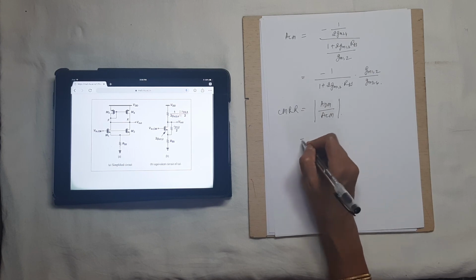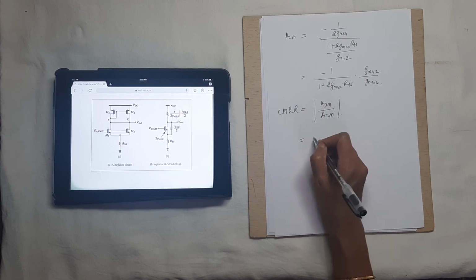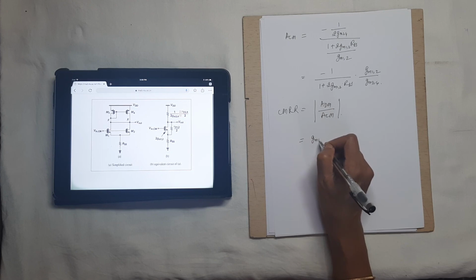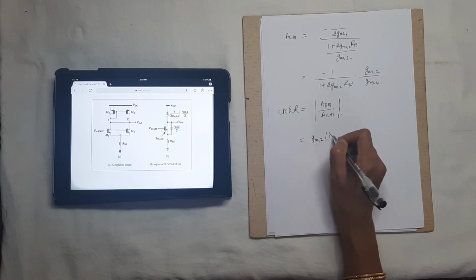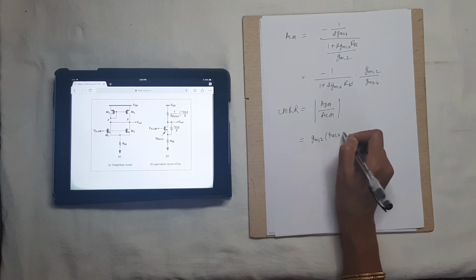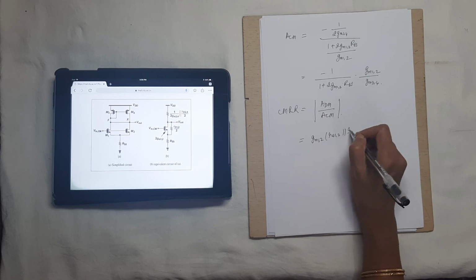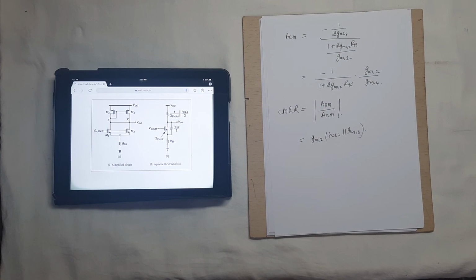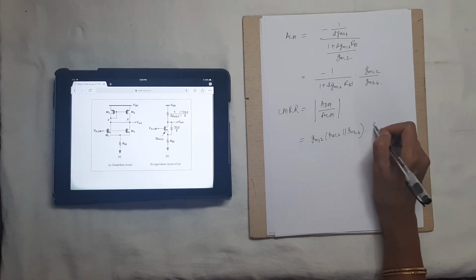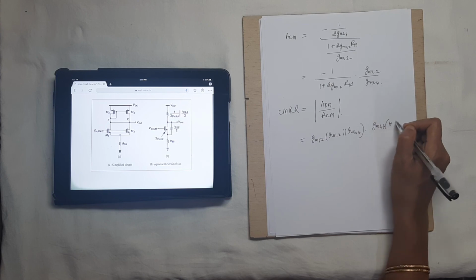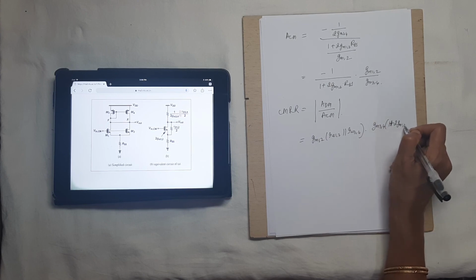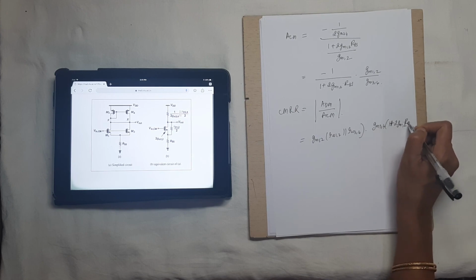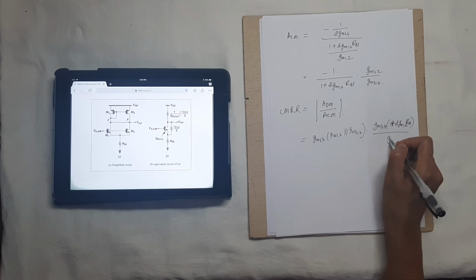So this is equal to, differential gain is GM12 into RO12 parallel to RO34, multiplied by GM34 into 1 plus 2 GM12 multiplied by RSS divided by GM12.